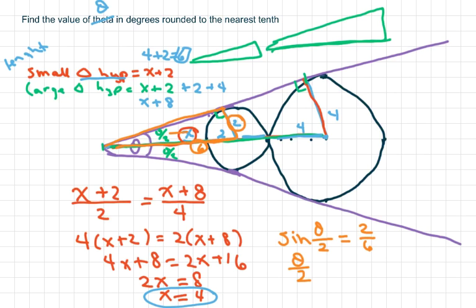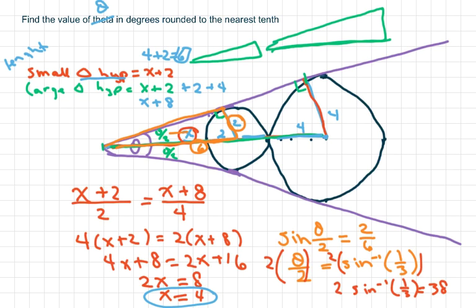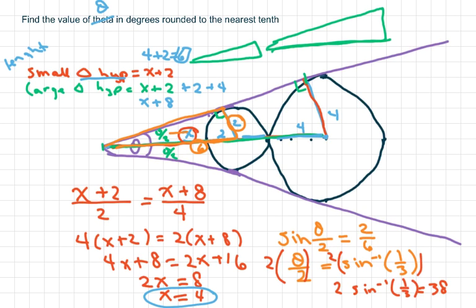I get theta over 2 equals inverse sine of, I'm just going to reduce that, 1/3. Now if I multiply both sides by 2, I get 2 times inverse sine of 1/3, and that yields 38.9. Whoops, I'm too far at the bottom here. 38.9 degrees.